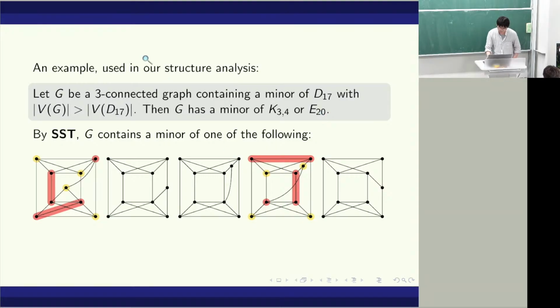Therefore, we can conclude that if G is a 3-connected graph that contains a minor of D17 and G has more vertices than D17, then G has a minor of K34 or E20.